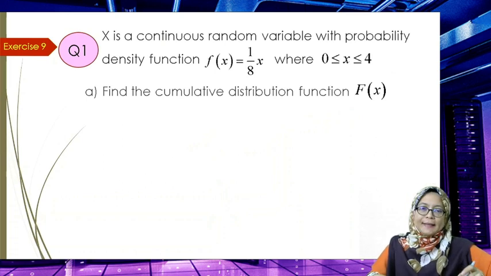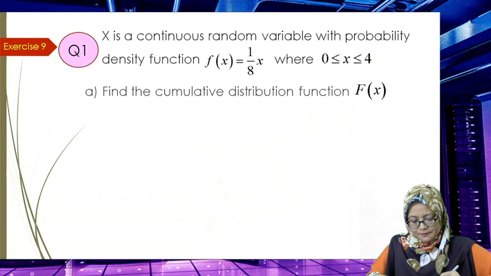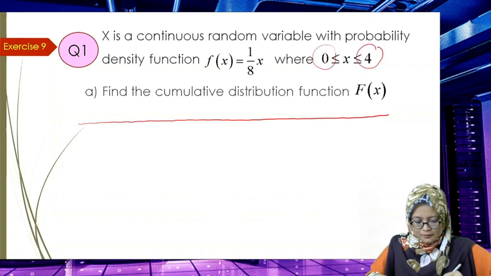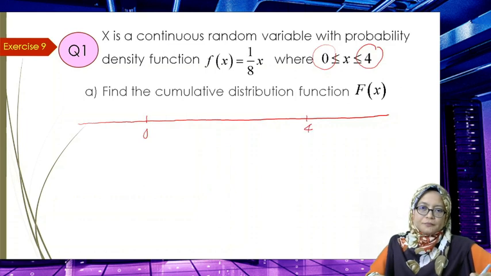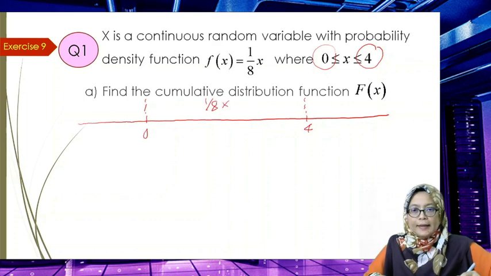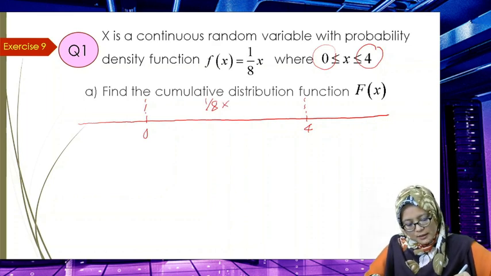Okay, first kita akan create kita punya interval. So create interval, ambil nilai daripada yang dia bagi, 0, 4. So ini 0, sini 4. Okay, so kita akan divide ikut border dia lah. Maksudnya 0, 4 ni function dia 1 over 8x. Selain daripada interval tu, function dia adalah 0.